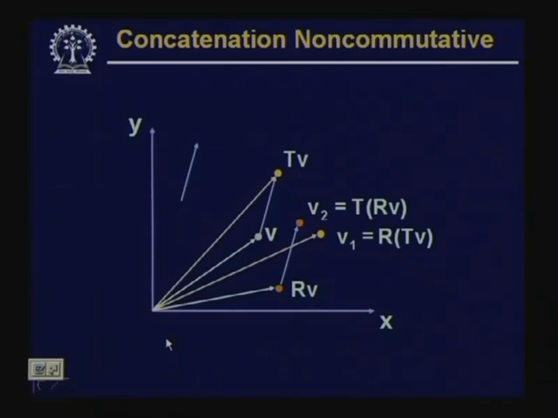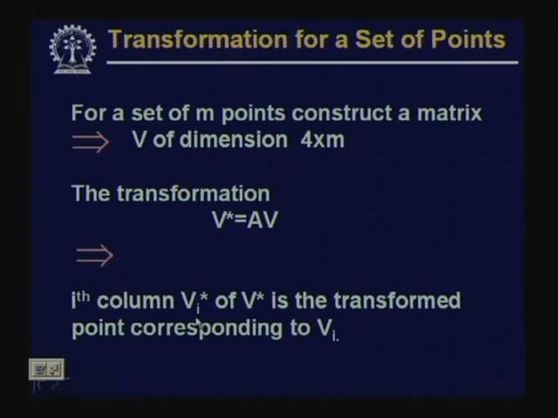So, for any such concatenation, the order in which the transformations are applied has to be thought of very, very carefully. So, that is about the transformation of a single point.